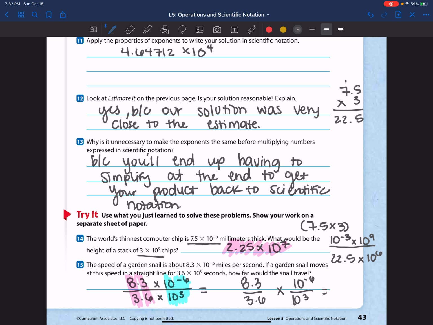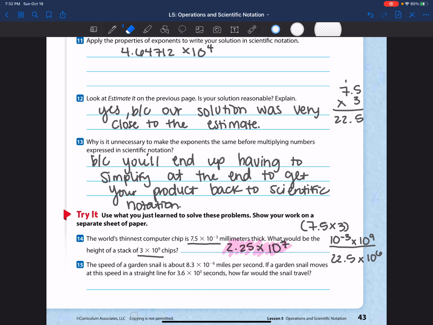So we go ahead and do 8.3 divided by 3.6. Okay, I definitely did that the exact wrong way. So what you really need to do here, you don't need to divide. I read that wrong. You do need to multiply like we've been doing. I don't know why I thought that.